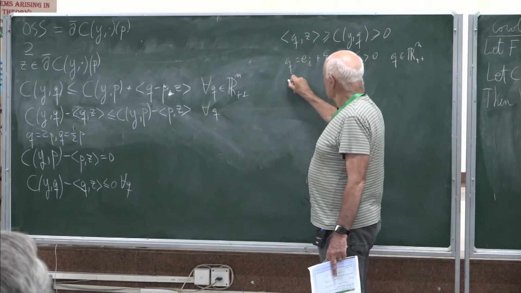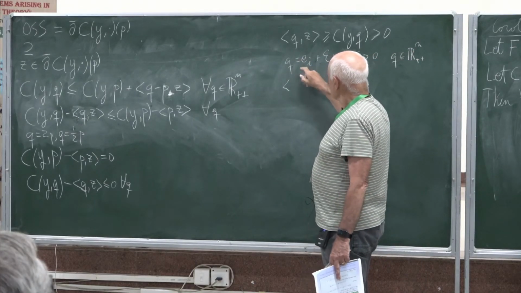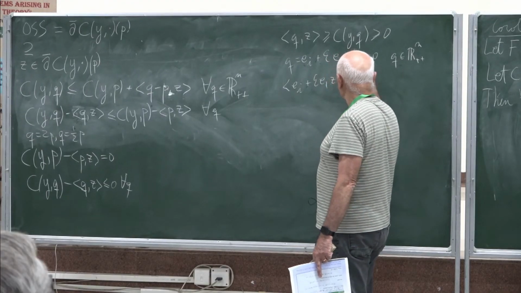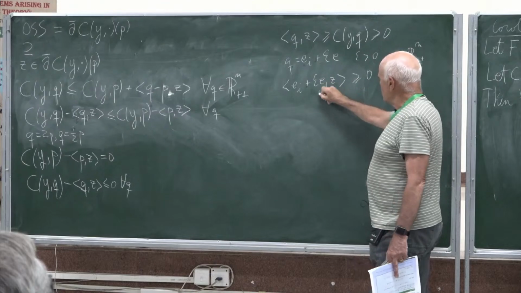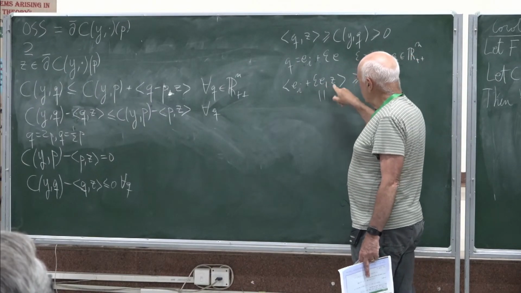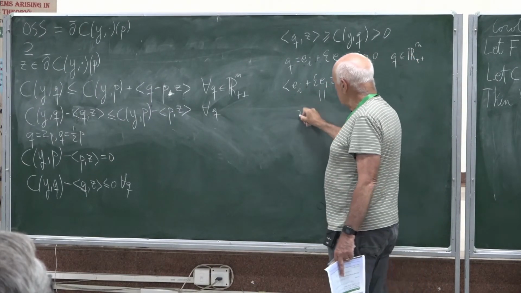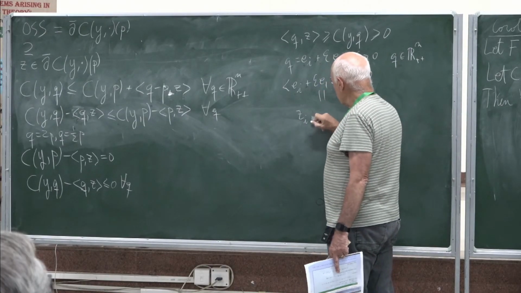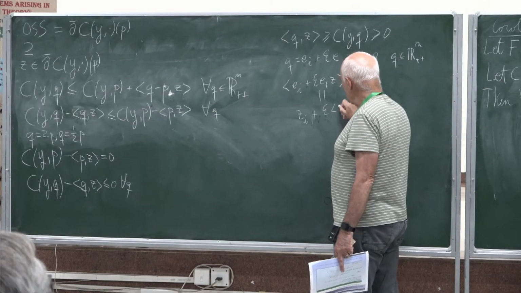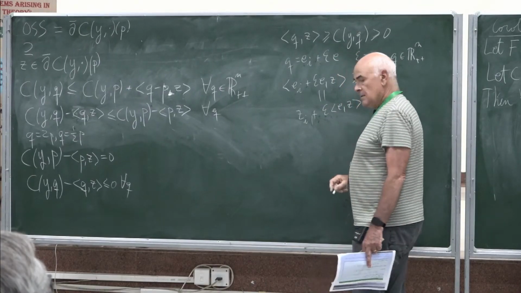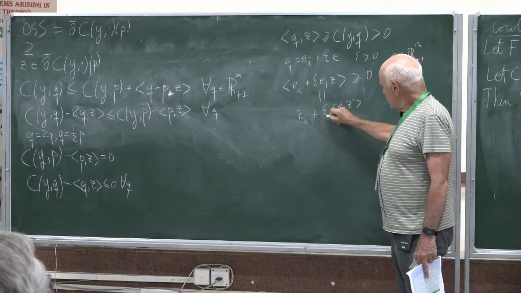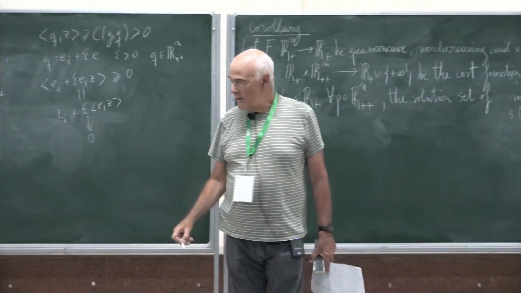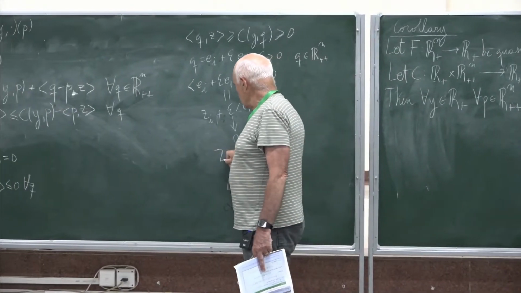So this means (e_i plus epsilon e)·z is greater than or equal to 0, but this is e_i·z, which is the ith component of z, plus epsilon e·z. And then let epsilon go to 0, and you get that z_i is greater than or equal to 0.